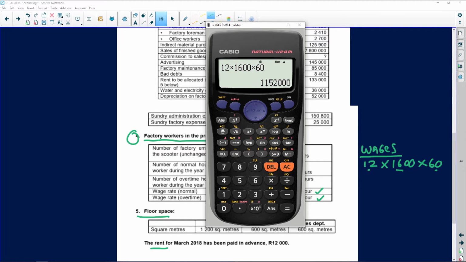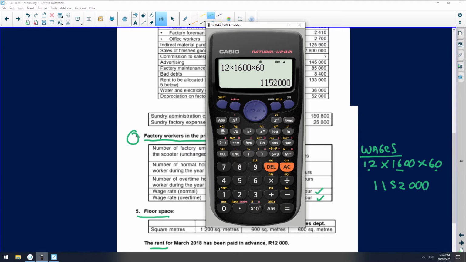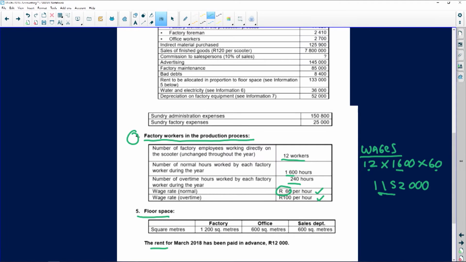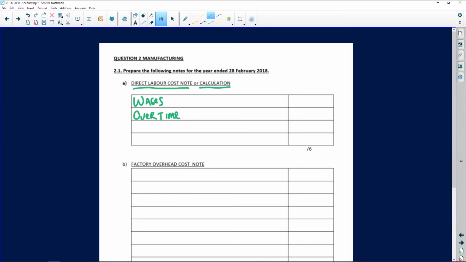And that gives us the wages for the year, an amount of 1,152,000. Okay, let's just double check that. That is correct. Right, so this amount, let me now take it through to my note. So wages, remember you are showing your calculation in brackets, and your wages for the year, 1,152,000.